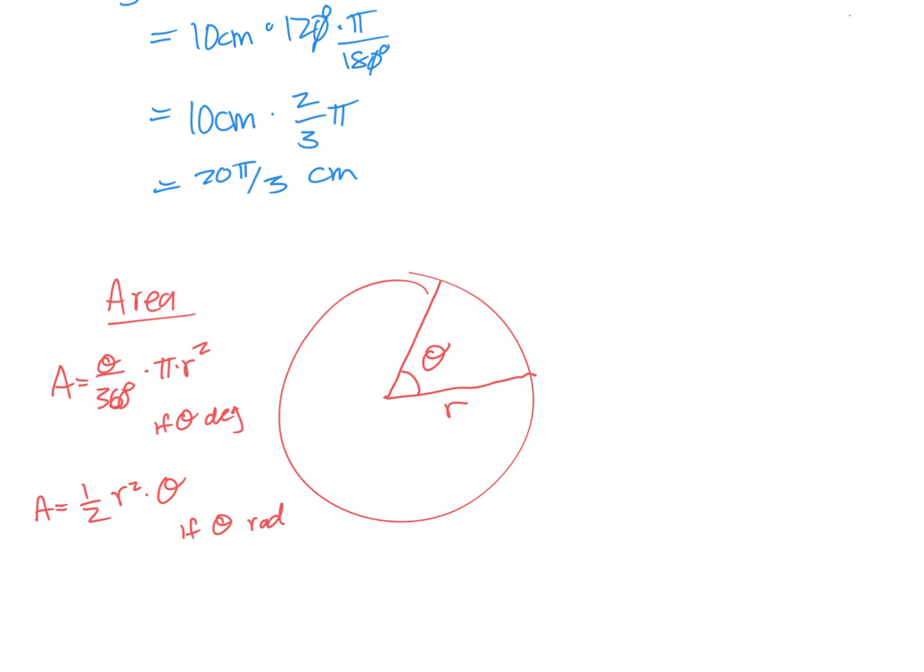And so if we had an example where our angle is 67 degrees and our radius r is 50 meters, then the area enclosed by this is going to be, since we're dealing with degrees, 67 over 360 degrees times pi times 50 squared.